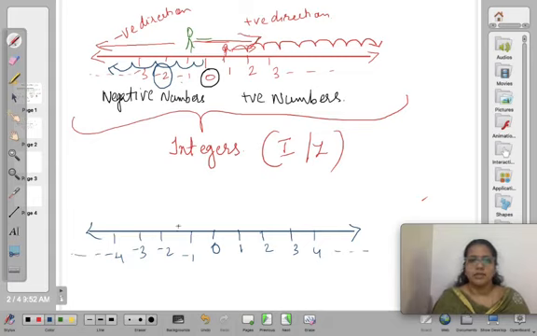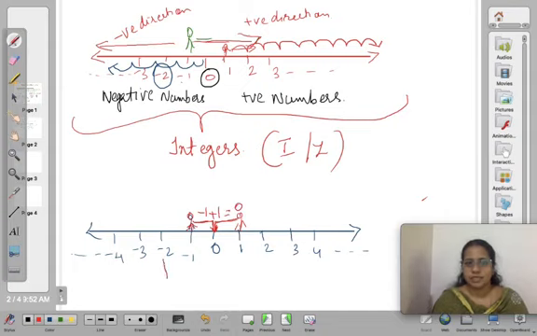When you are standing here and your friend is standing in the opposite direction, and you move together with the same speed, covering the same distance, you will arrive at the original point 0. When you add these two distances, you will get 0.